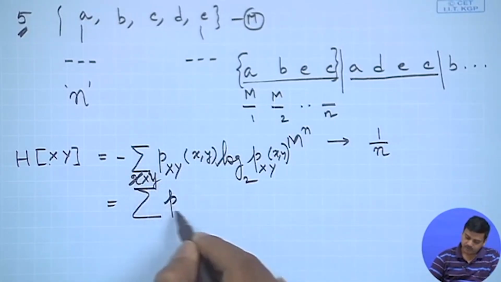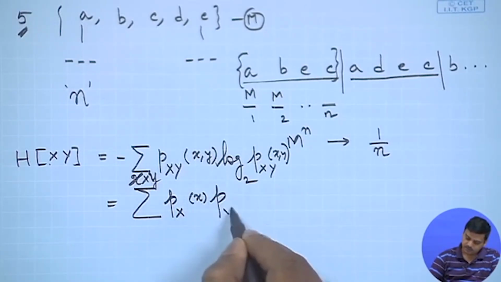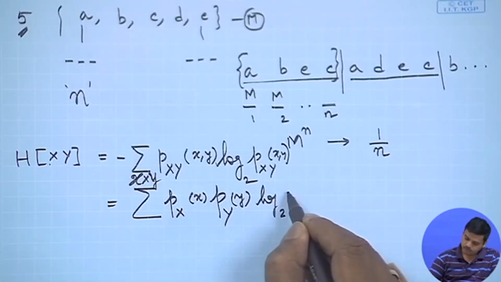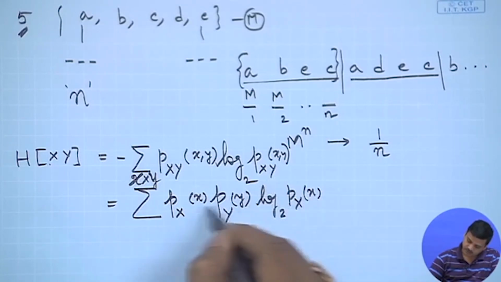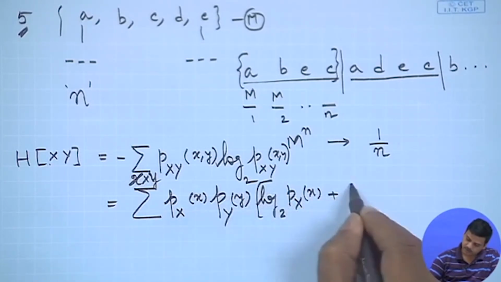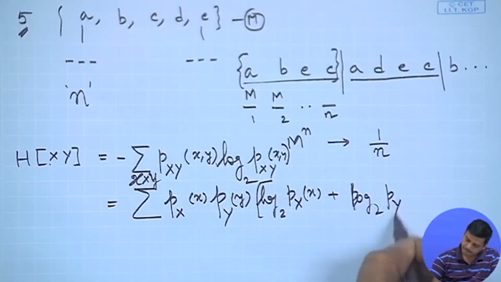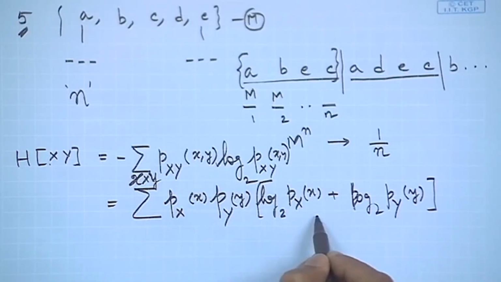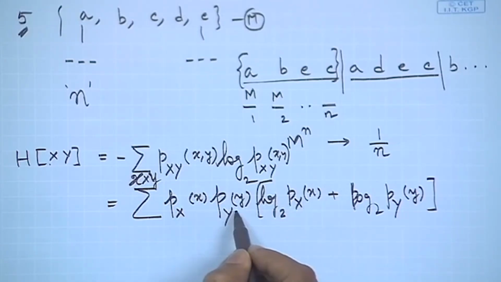So, what we have is p(x) times p(y) times log base 2 of p(x). Since it is a multiplication, inside the log we have this summation. If you take this first product, what you have is p(x) times this times p(y).